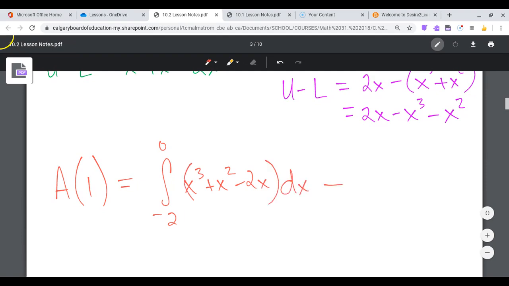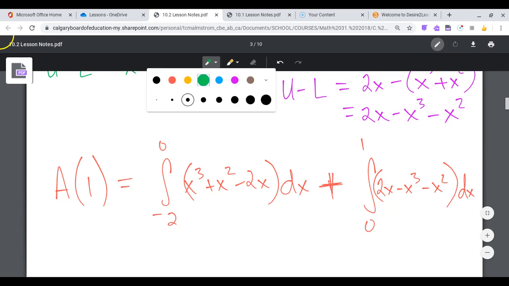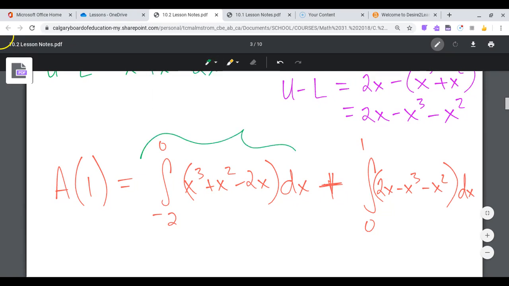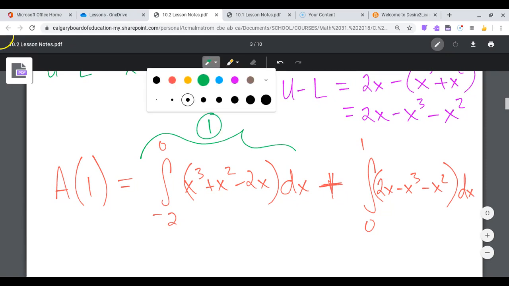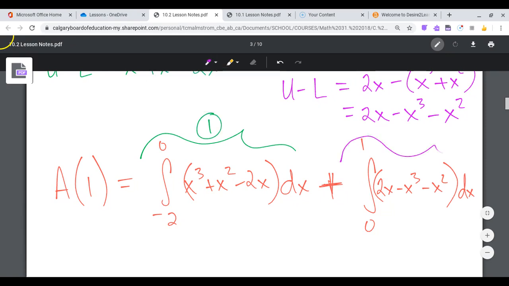Plus, we're going to add it to the second region's area, which goes from 0 to 1, and the second region is 2x minus x cubed minus x squared dx. Okay, so this is region 1, and then we're going to add it to region 2.